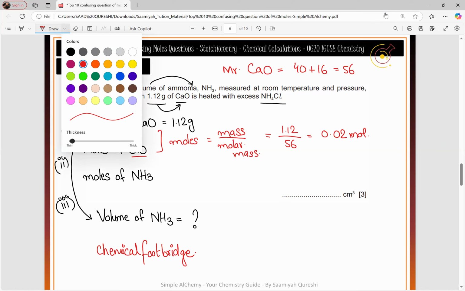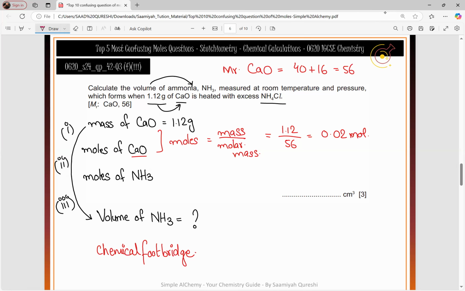Now from the moles of calcium oxide, we'll find the moles of ammonia by taking the ratio from the equation. The equation for this question is like this. We have calcium oxide plus NH4Cl.